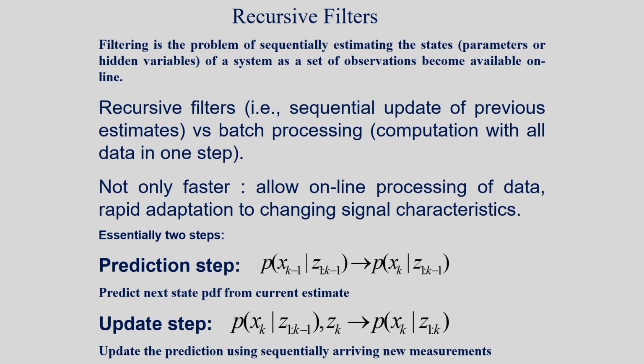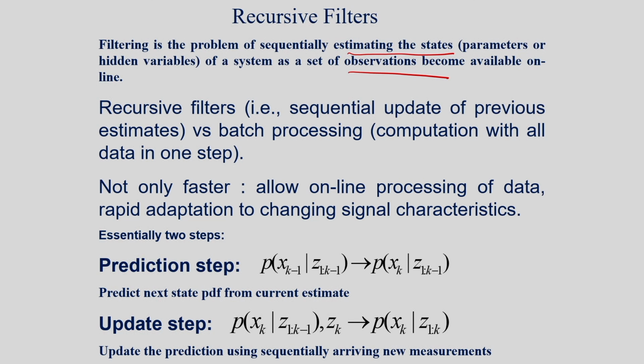And in case of recursive filtering, filtering is the problem of sequentially estimating the states, that means the parameters or the hidden variables of a system, as a set of observations becomes available online. So, we have the observations, and from these observations we have to estimate the states of a system.